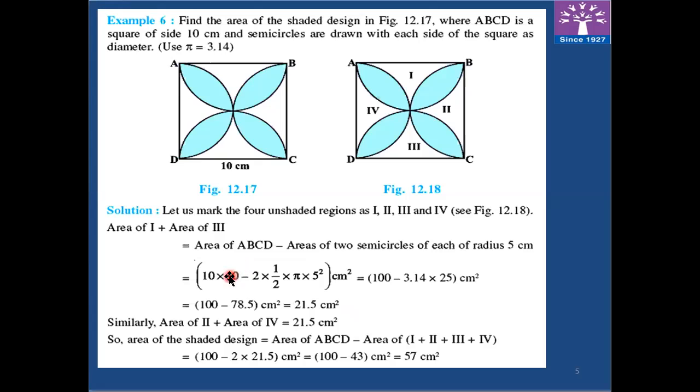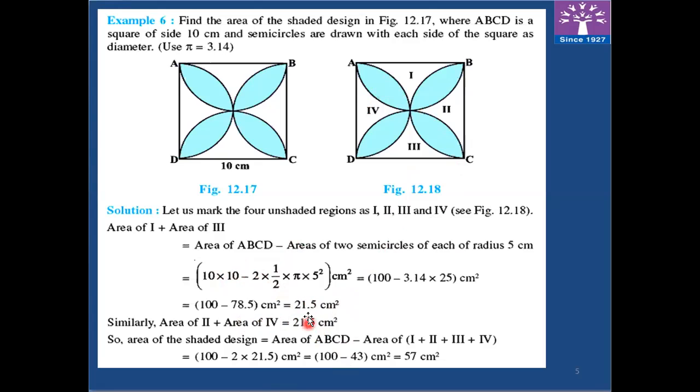So area of ABCD, 10 into 10, minus 2 times semicircle area, 1 by 2 pi r square, with r as 5. So that value is 100 minus 78.5, which is 21.5. The area of number 2 and 4 will be seen the same as 1 and 3, it's 21.5.